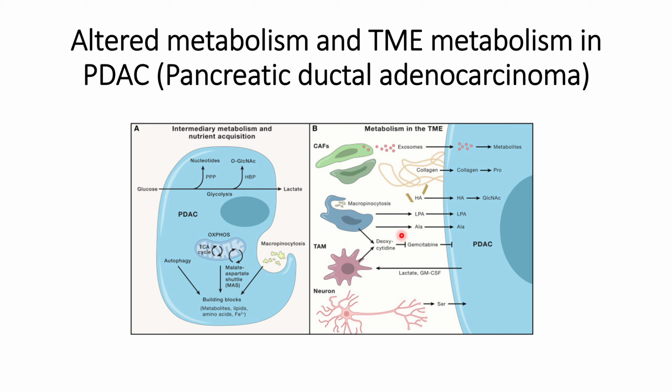This deoxycytidine competes with gemcitabine, which is a chemotherapy drug, so that it reduces the effect of gemcitabine and protects the cancer cells from its impact. In other words, deoxycytidine reduces the effect of gemcitabine.